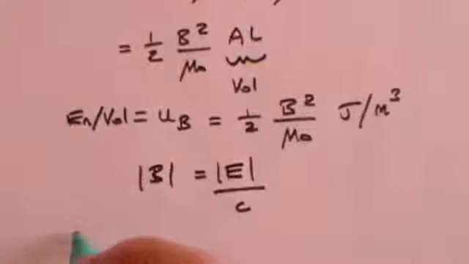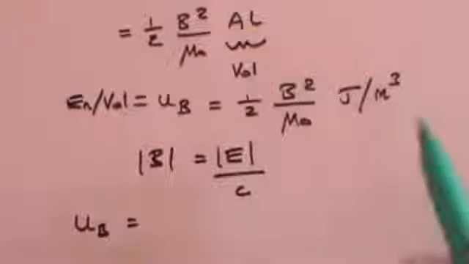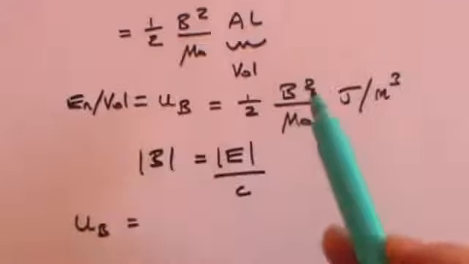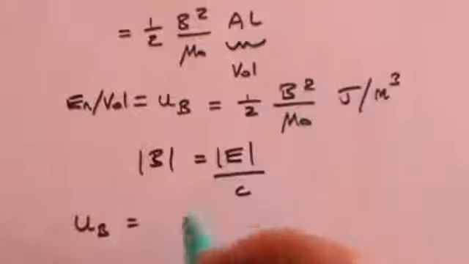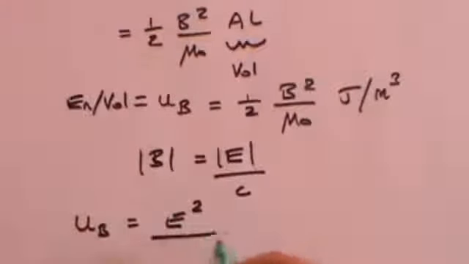So now UB, which is the energy per unit volume in the magnetic field, we just substitute for B, E over c. We're going to get E squared over 2 mu naught c squared.